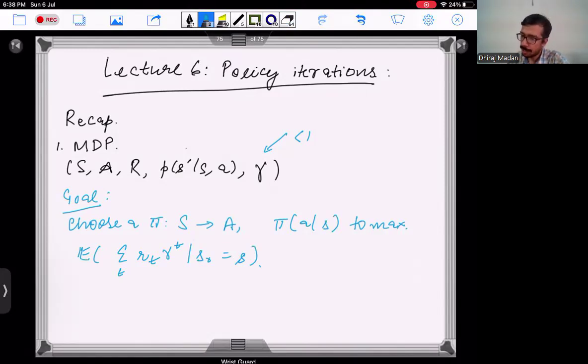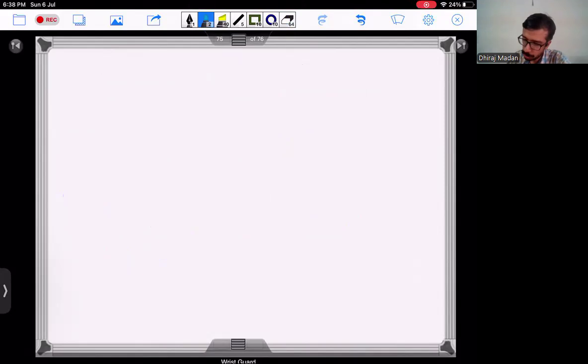So first we looked at the idea of evaluation of policies. This is policy evaluation.